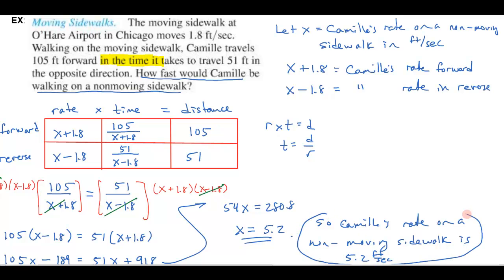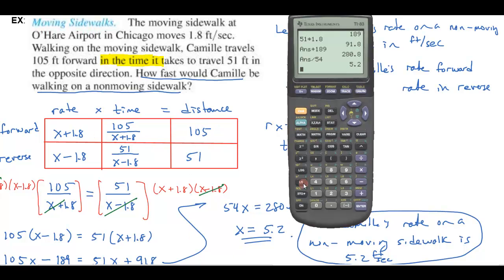All right, now we can check that. If she was going 5.2 feet per second, then she gets on this sidewalk that's going 1.8. 5.2 plus 1.8 is 7, so she'd be going 7 feet per second forward. How long is it going to take her to go 105 feet? 105 feet divided by 7 feet per second is exactly 15 seconds, isn't it?